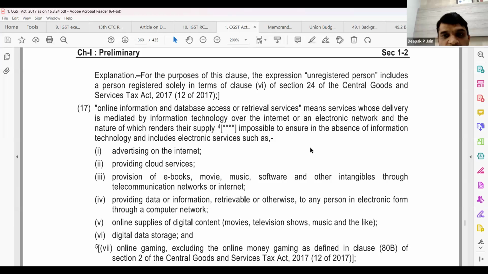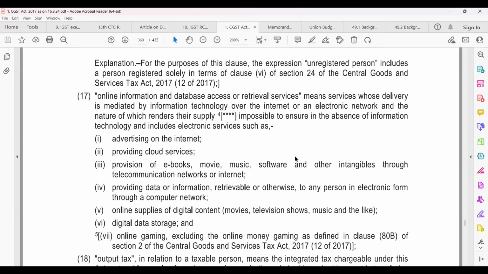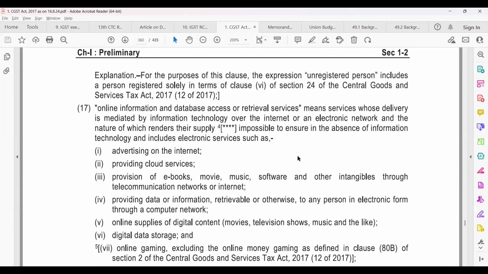What is information technology is not defined here, and electronic network is not defined here. So at least in the Indian context, we need to go back to the IT Act, and probably there we will find the answers to whatever we're discussing now. Yeah, one more research is required on this aspect, Deepak. Sure. Yeah, please continue.